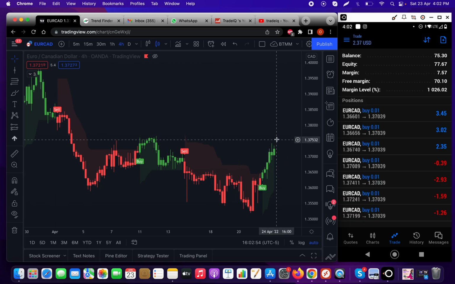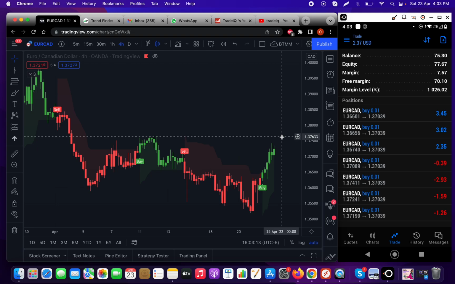But ideally, I want to exit all the trades at this level because this is a key zone, and usually markets tend to reverse at key zones. So I'm trying to avoid all that. So I think I'm going to take my profits up here.